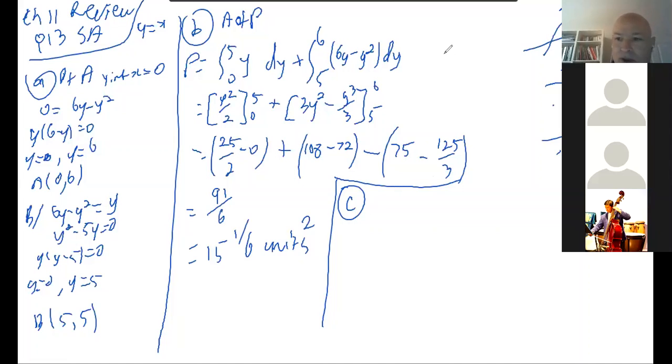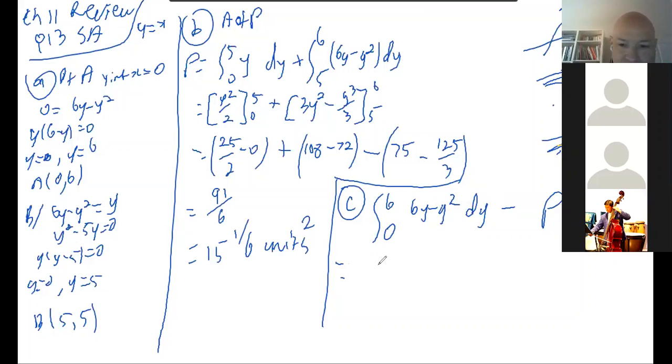To do Q, we're going to work out the whole curve, that graph there, from 0 to 6 of 6y minus y squared, and all we're going to do is subtract our P, the area of P, all that section there. Because if we're working out all the area under the graph and subtracting this one, that will give us our Q part. So that's what we're going to do there.